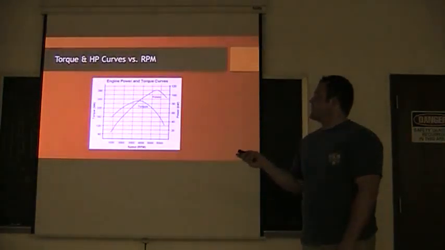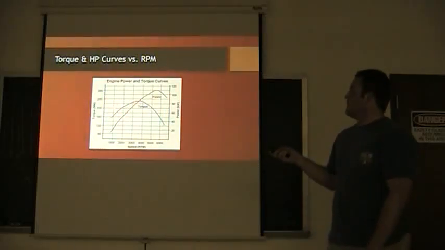So here is a torque and horsepower curve versus the RPM. As you can see, the torque curve has a peak right here. This isn't technically for our experiment, but it's just off of an example I used.